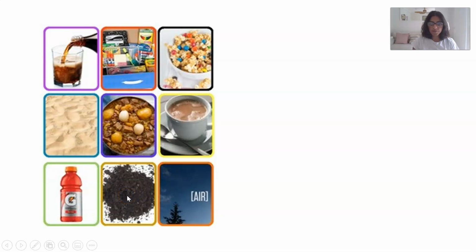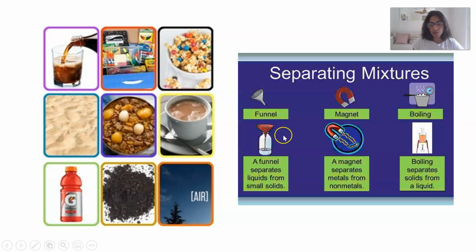Now, with all of these things, we can separate out the mixtures by doing different techniques. So with our 3 liquids here, we could boil the mixture to get rid of the water, and then we could separate the solids.